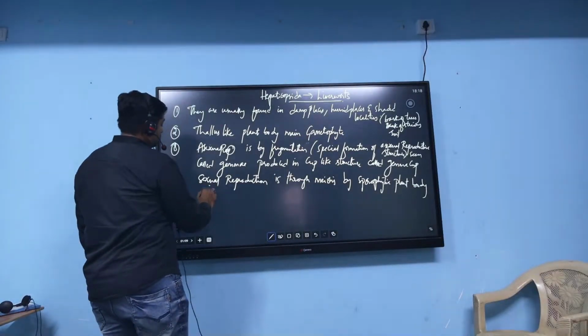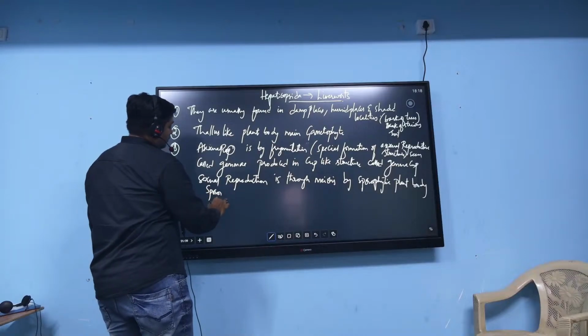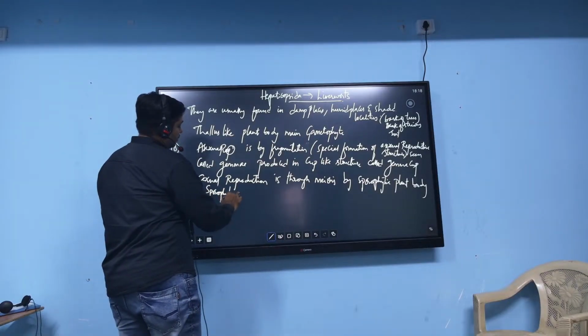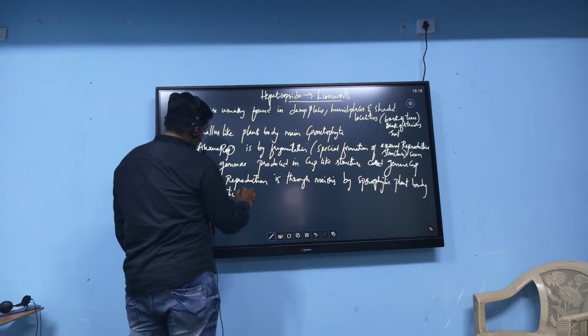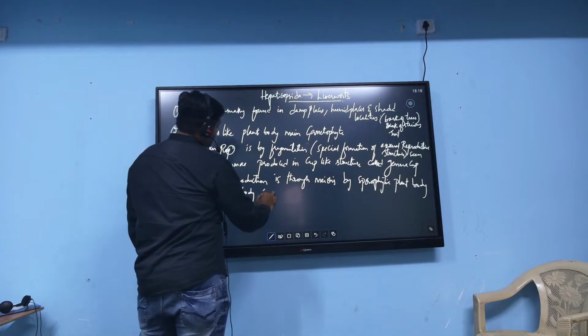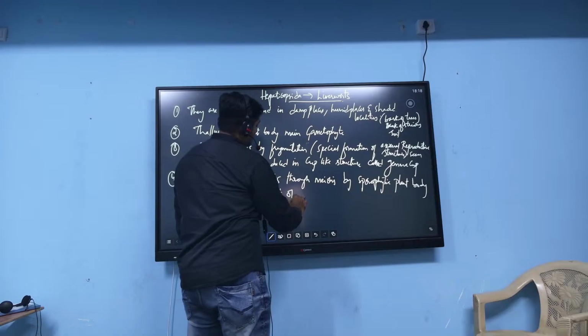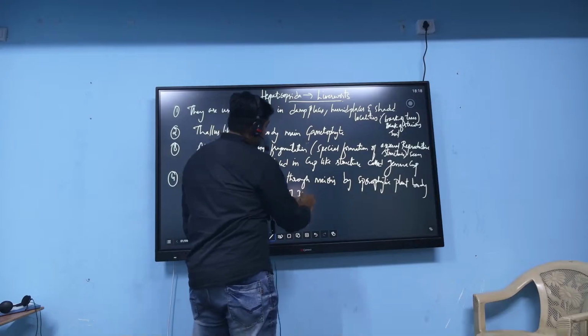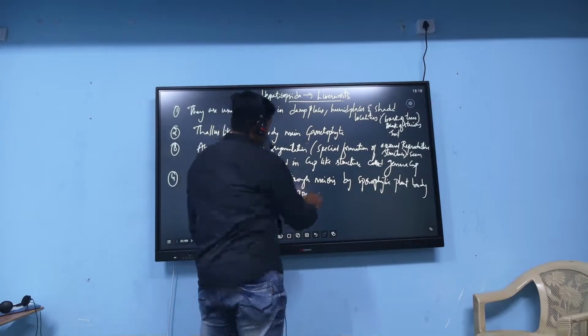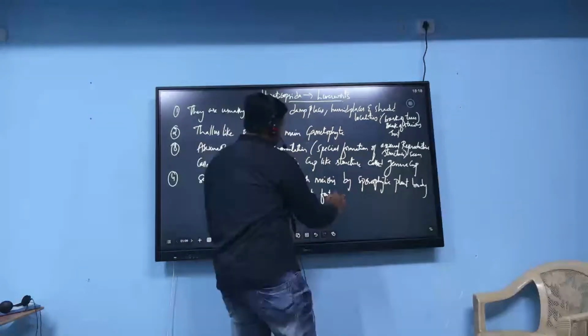The sporophytic body consists of three parts: foot, seta, capsule.